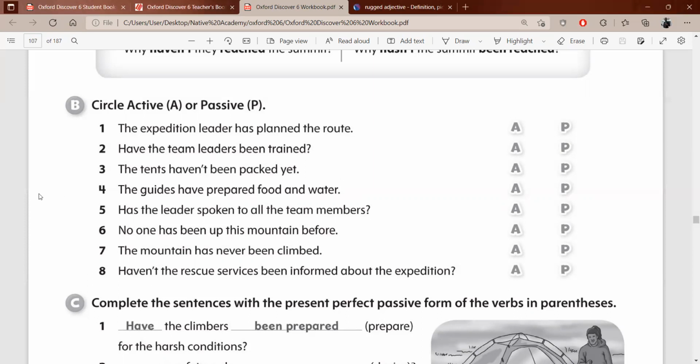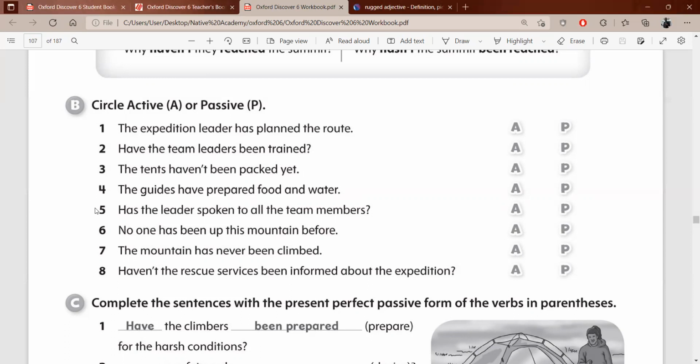Number three: The tents haven't been packed yet. Passive, of course. Number four: The girls have prepared food and water. Active, of course. Number five: Had the leader spoken to all the team members?